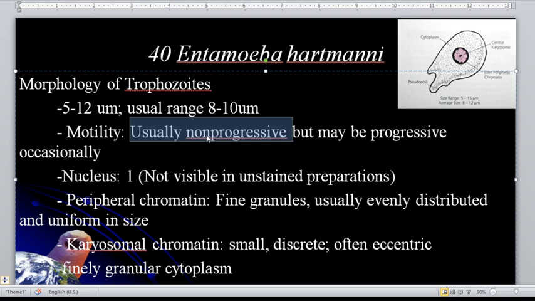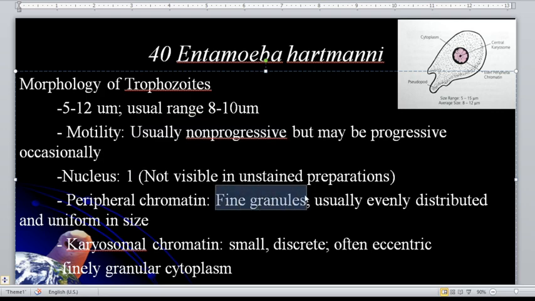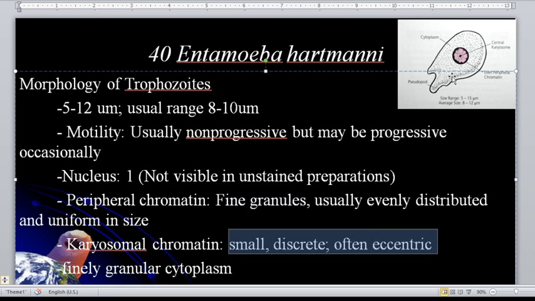It does not move in a straight line. The nucleus is the same as histolytica, 1 for the trophozoite. The peripheral chromatin has fine granules, just like Entamoeba histolytica. However, the karyosomal chromatin is small and often eccentric.